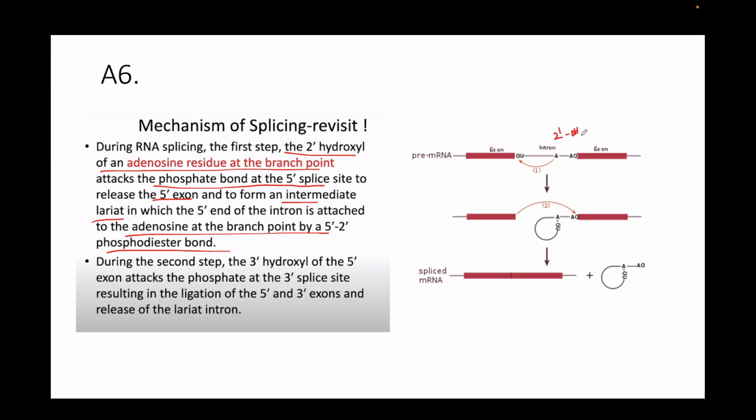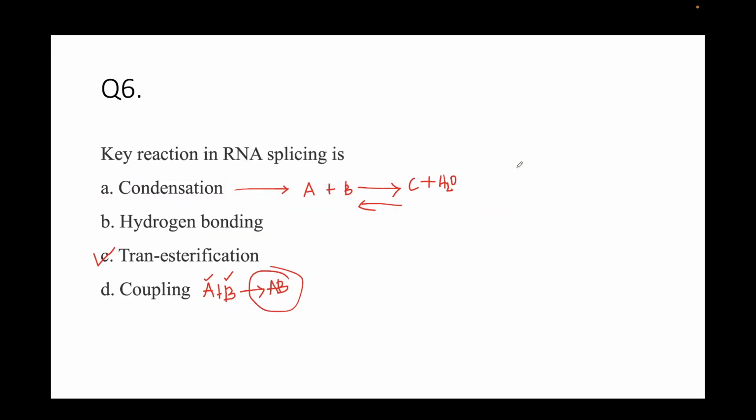From the branch point, this 2' OH group attacks the 5' exon position, or 5' splice site, to release the 5' exon, meaning the breakage of the phosphodiester bond happens. Okay.